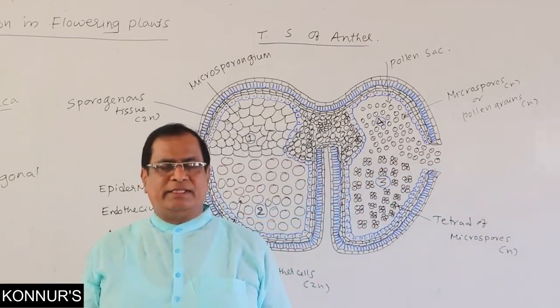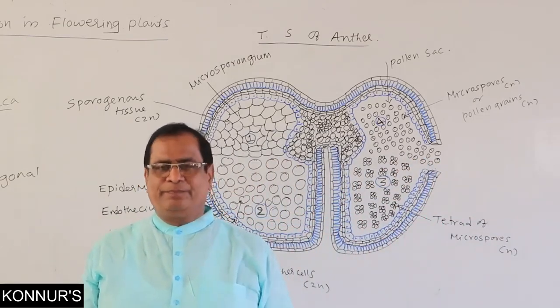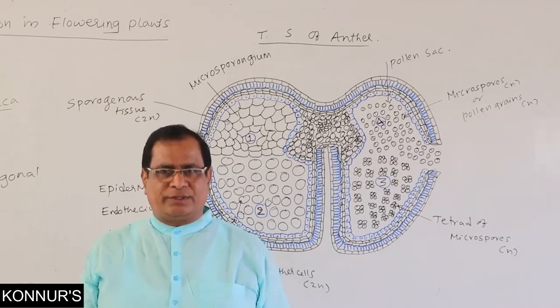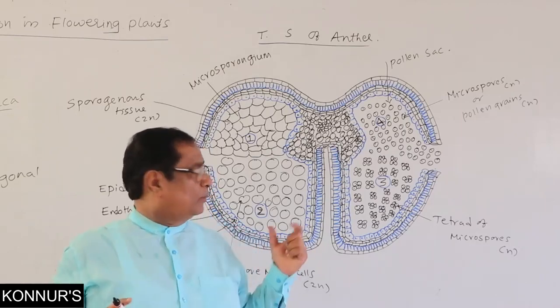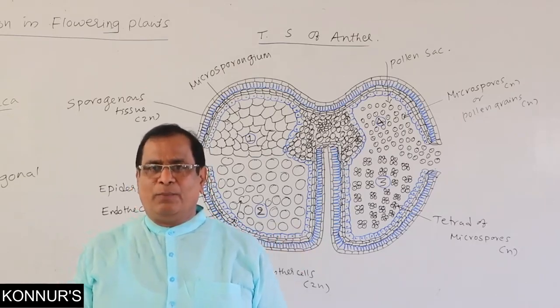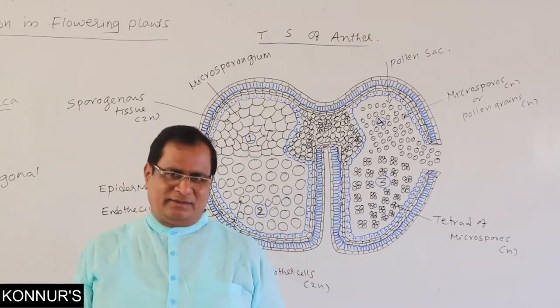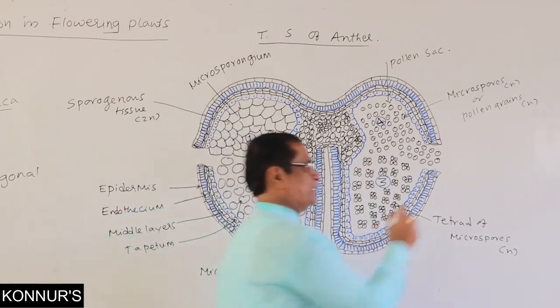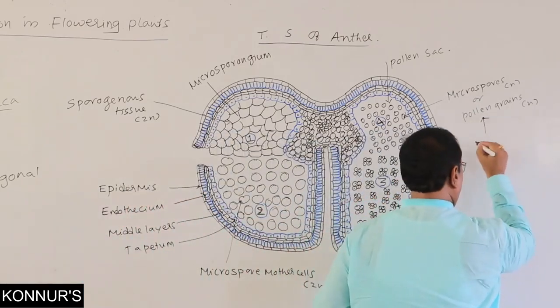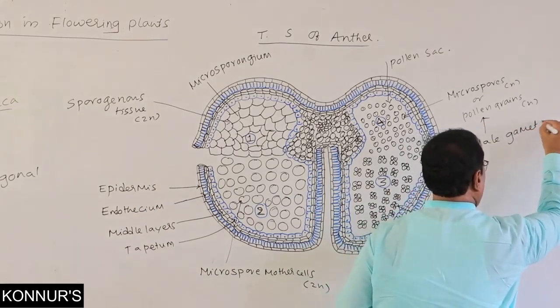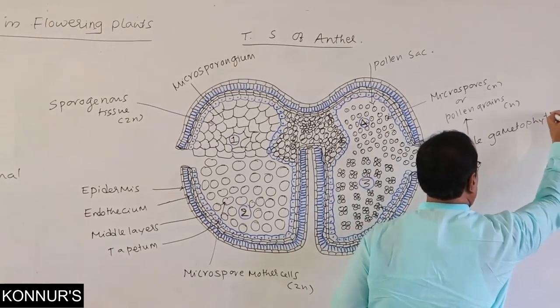These pollen grains are haploid in nature, but they are not male gametes. Pollen grains can produce male gametes. One pollen grain can produce two male gametes. Hence, that pollen grain is said to be the male gametophyte.